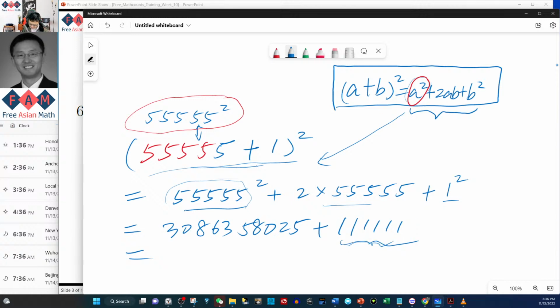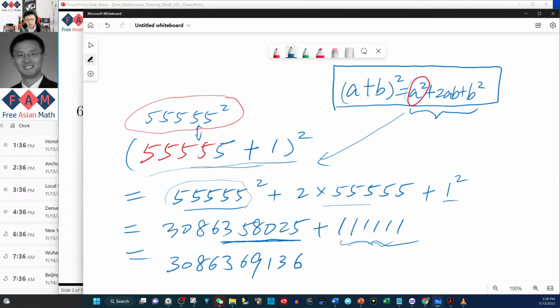Yes, it should be 6, because this should be 111111. So you just add this number to this number, meaning you add 1 to each of the last 6 digits. Fortunately, there's no 9 there, so you don't have to do any carrying. So 5 becomes 6, 8 becomes 9, 0 becomes 1, and so on.